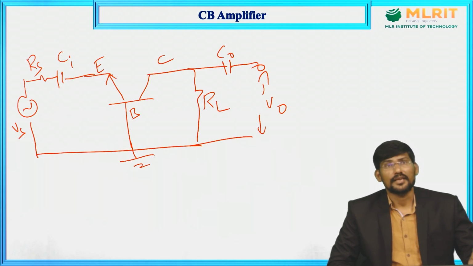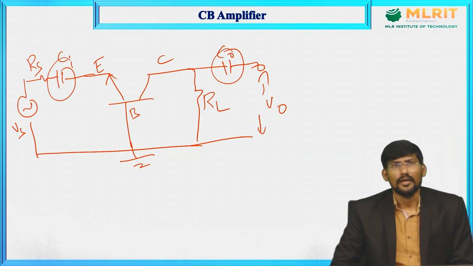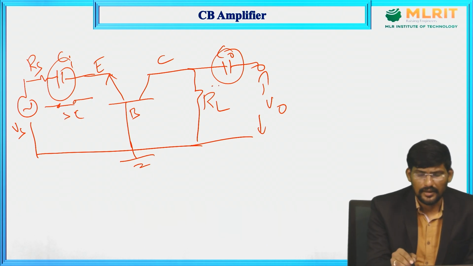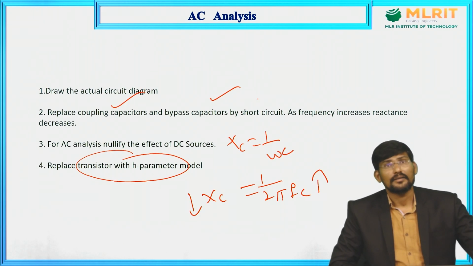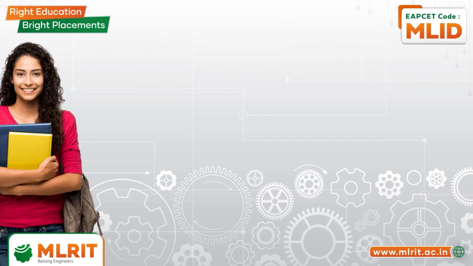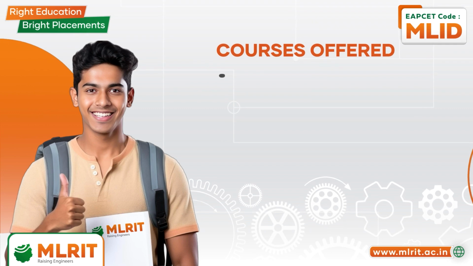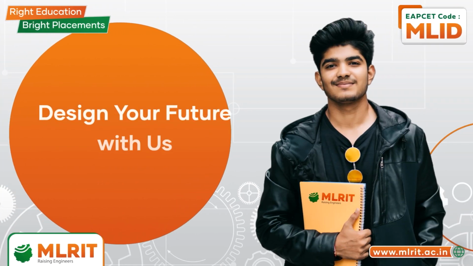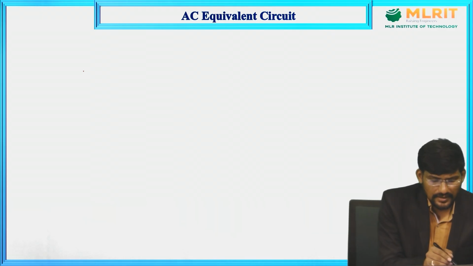Now if you see the circuit, we have two coupling capacitors here. The coupling capacitors are Ci and C0. We will consider them as a short circuit. So the effect of these capacitors is considered as short circuit for AC analysis, and we will redraw the circuit, that is called the AC equivalent circuit. So what is the AC equivalent circuit?